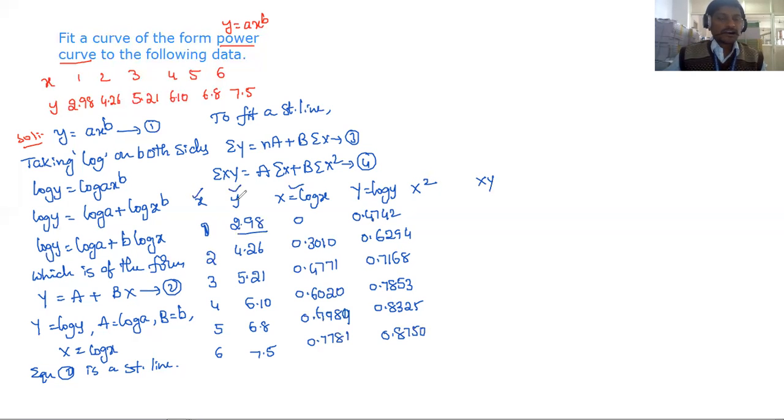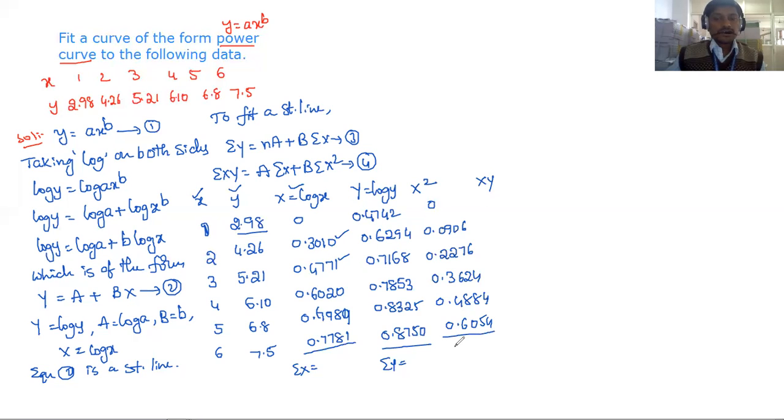We need to do the summation for capital letters only: summation X, summation Y. For X square, 0 square is nothing but 0, and next 0.3010 whole square is 0.0906, and 0.4771 whole square is 0.2276, then 0.3624, 0.4884 and 0.6054.